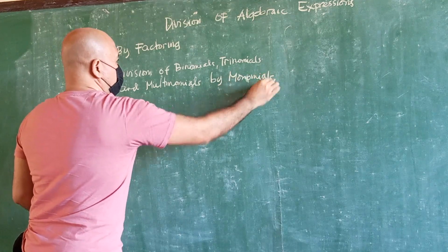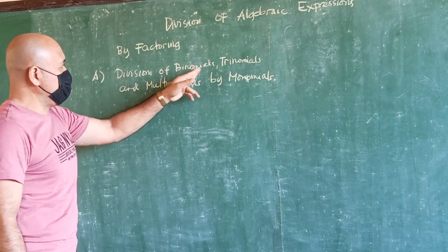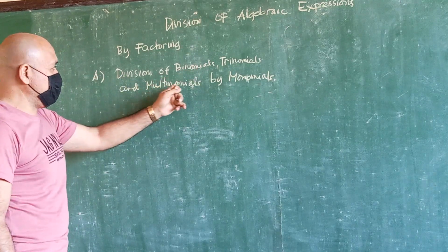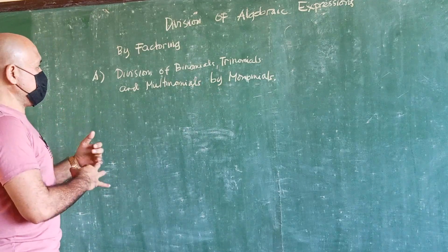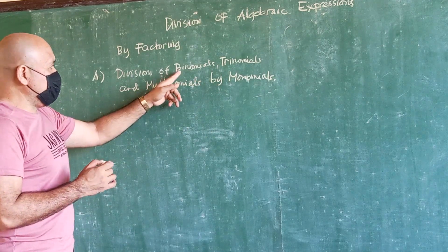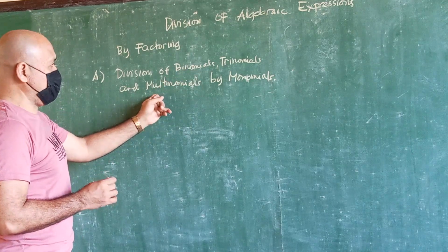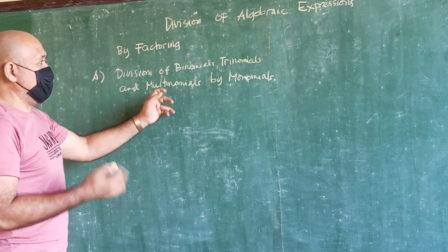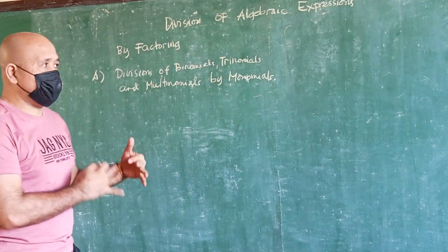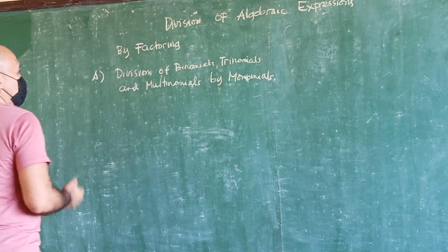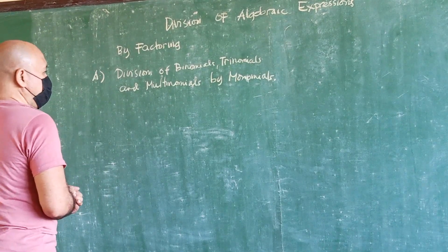So this means that for this division of binomials, trinomials, and multinomials by monomials, our dividend could be binomial, trinomial, or multinomial, and our divisor is always the monomial under this part of the division using the factoring method.